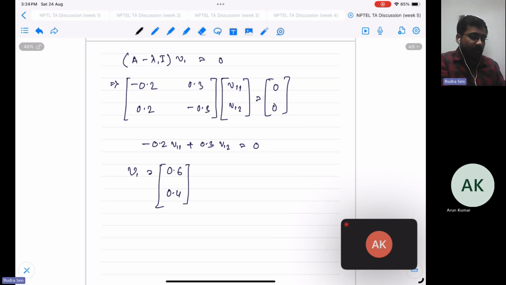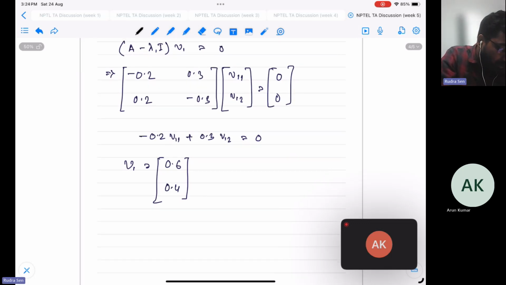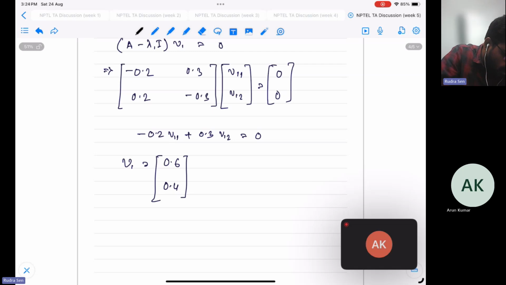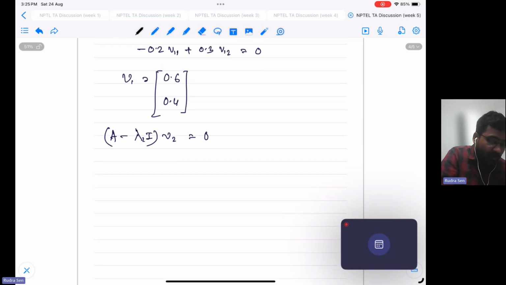So V11 is basically 0.6 and V12 is 0.4. And for the second eigenvector, A minus lambda 2 I into V2 equals 0.